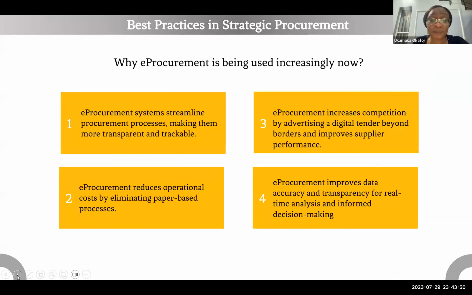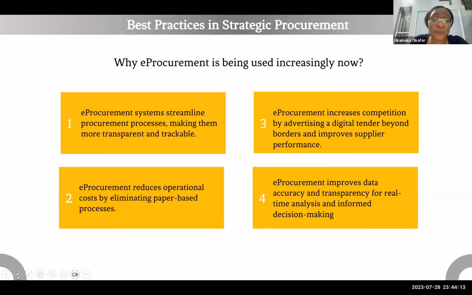Sanjay, next slide. So best practices in procurement continues. Why is e-procurement being used increasingly now? E-procurement systems streamline procurement processes, making them more transparent and trackable. Just like we spoke about now, transparency.